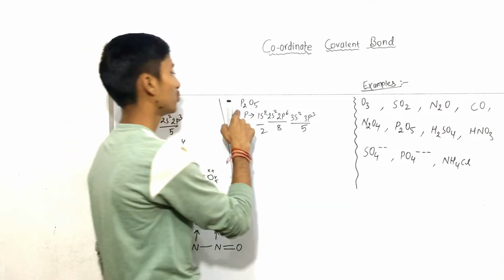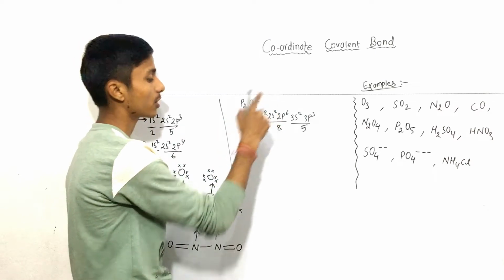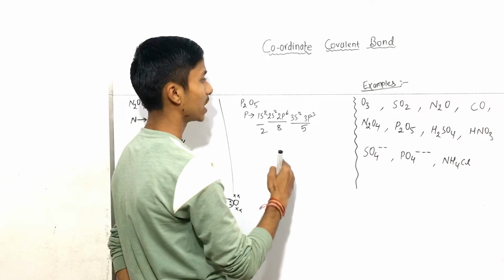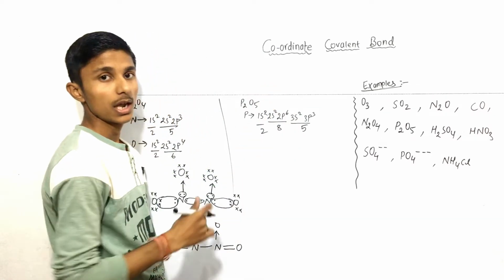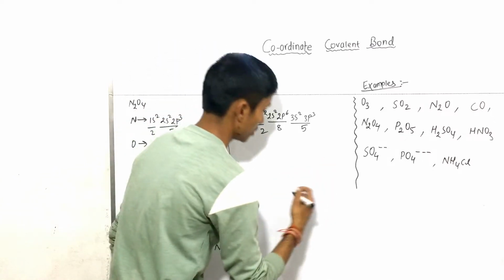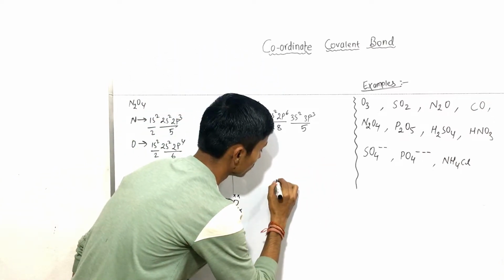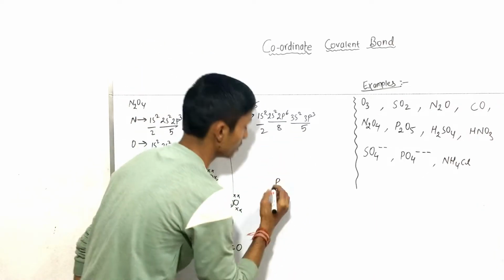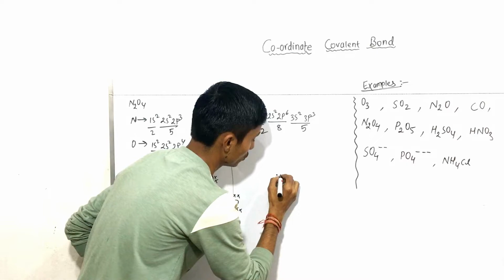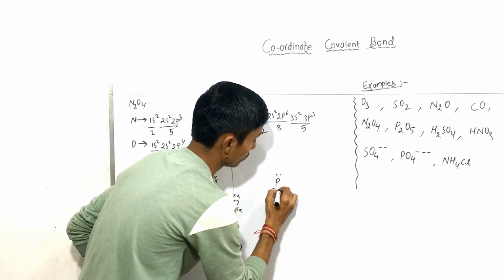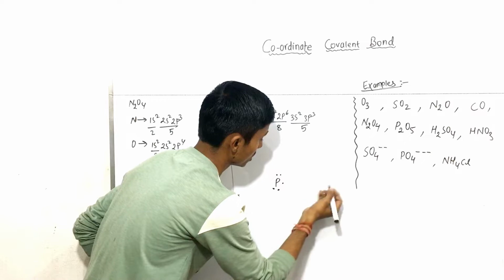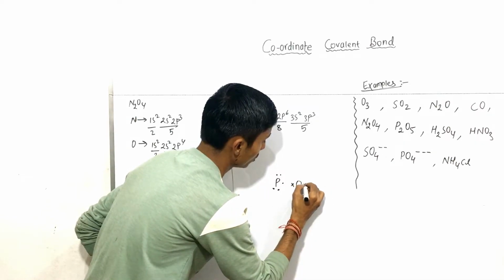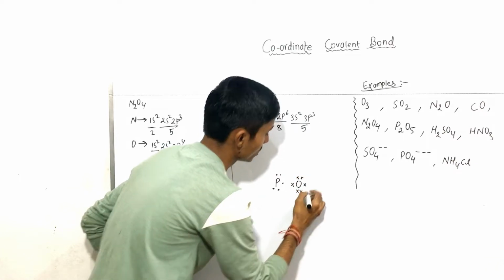Now 2 phosphorus atoms and 5 oxygen atoms. So we have to arrange all these atoms in such a way so that we can form coordinate covalent bond and other covalent bonds. So here we see phosphorus, and for phosphorus 5 electrons: 1, 2, 3, 4, 5, and similarly here we write in the middle oxygen atoms 1, 2, 3, 4, 5, 6.